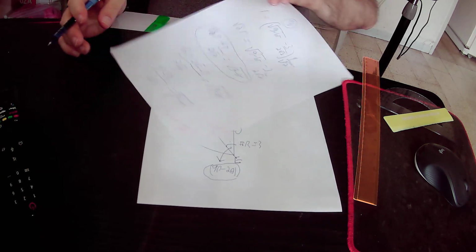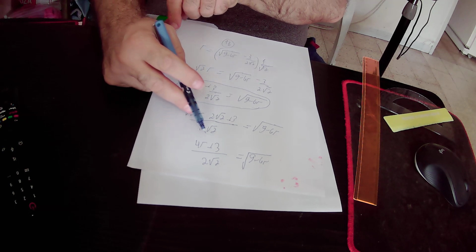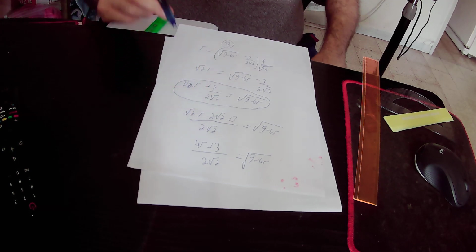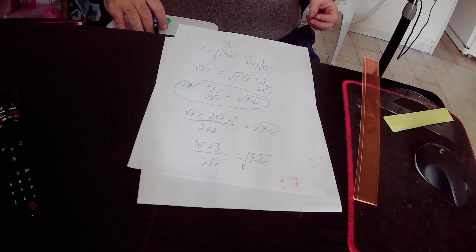Okay, in the numerator we have 4r plus 3 over 2 times root 2 equals root 9 minus 6r.